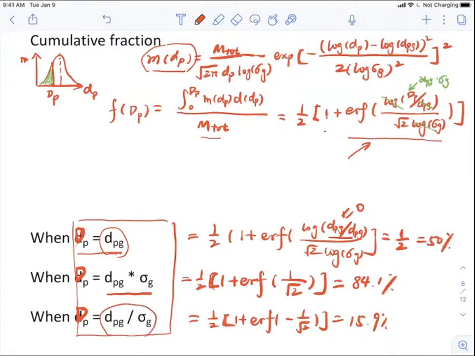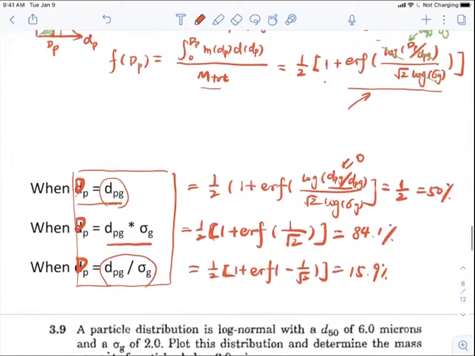Plug in, this is divided by sigma g, and basically a 1/sigma g is just going to be the negative of log of sigma g. Okay, so we can get similar answers here. So basically, with these 3 special sizes, you can see that the cumulative mass fraction is going to carry the same values. All right, so this is a special property of the log normal size distribution.